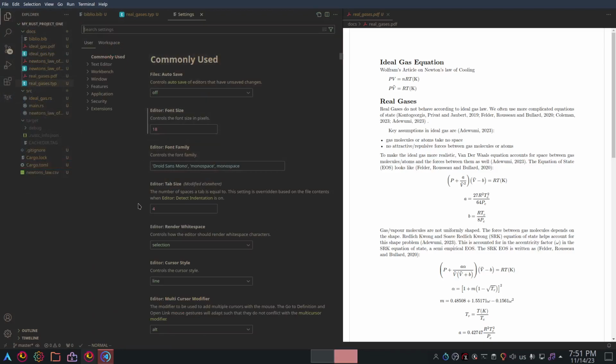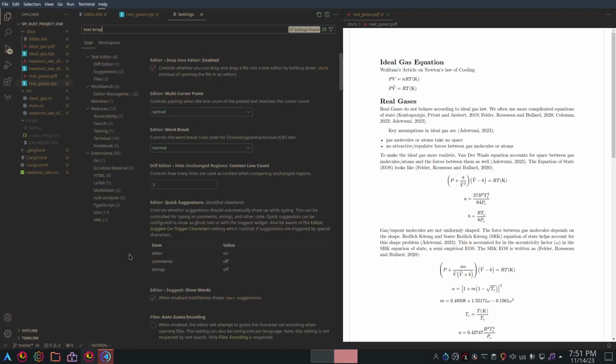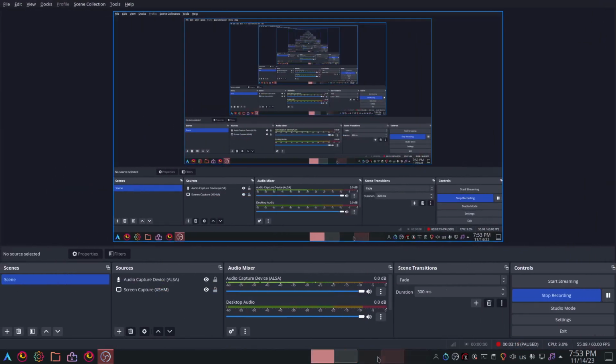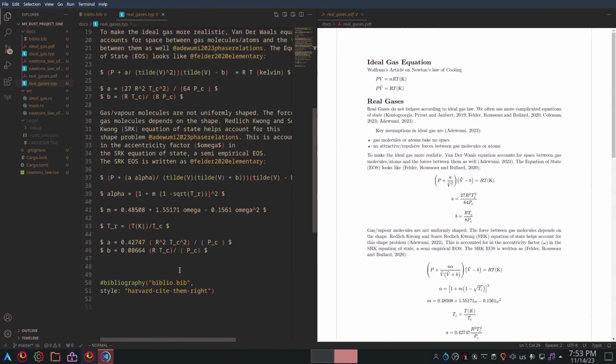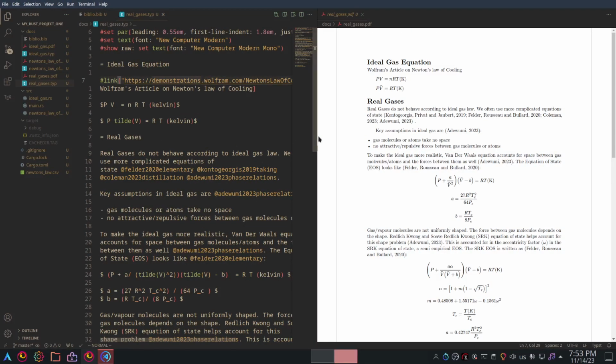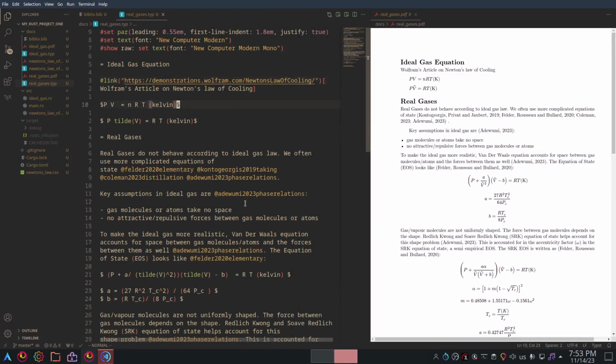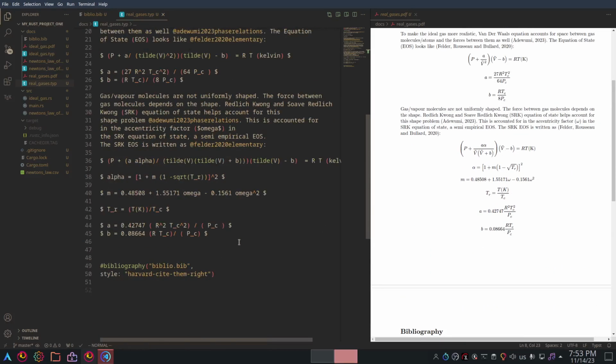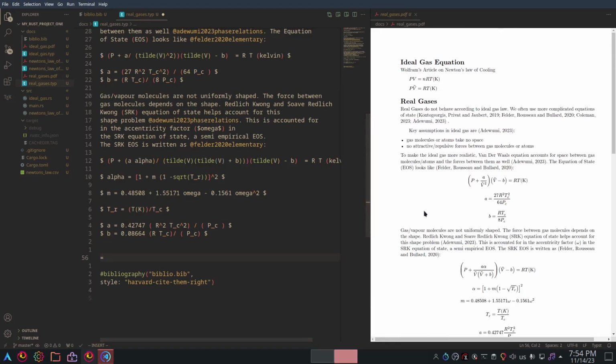I'm going to turn off word wrap. I keep forgetting, Alt-Z toggles word wrap. I'm going to toggle it off. So I'll just save this and get justification through, and look, it's a lot nicer now. So let's start with the Peng-Robinson equation of state, and maybe some background for it.